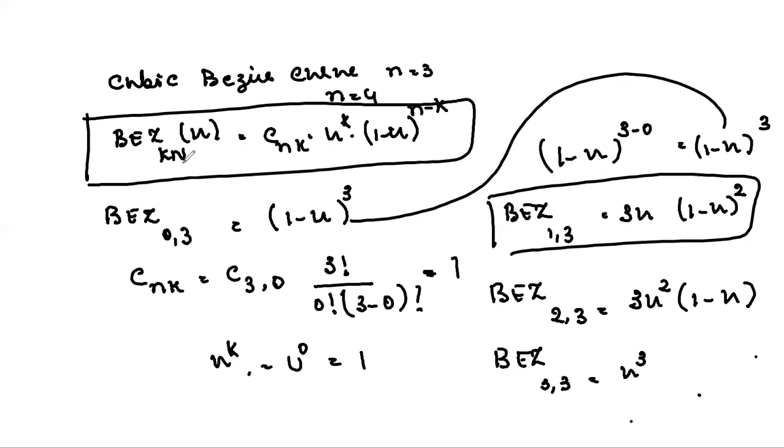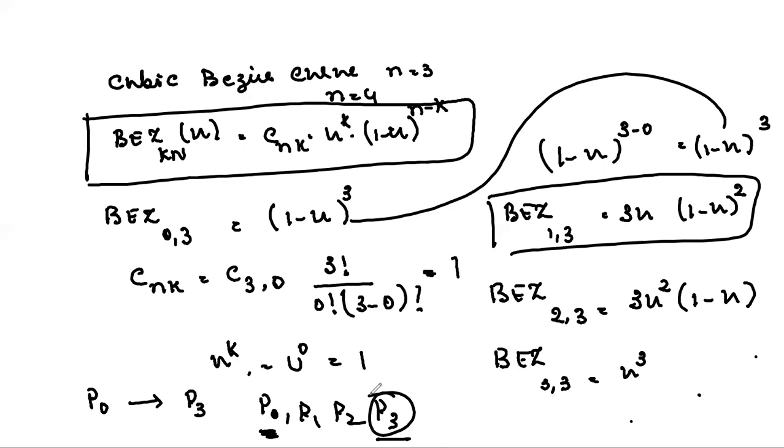Now the cubic Bezier curve always begins at the control point P0 and ends at the control point P3, because we have 4 control points for the cubic Bezier curve, which are P0, P1, P2 and P3. So it indicates we begin here and end at P3.